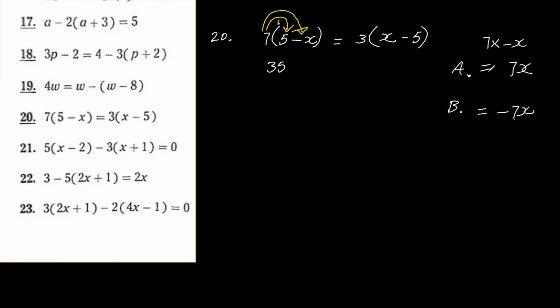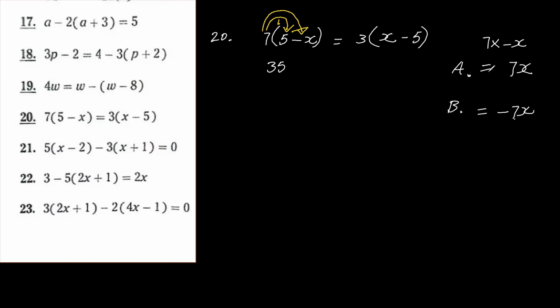Janicia, is it 7x or negative 7x? 7x, remember it's 7 times negative x. Is a 7 larger than negative? No, when you're multiplying, you don't do that rule. It's only when you're adding.